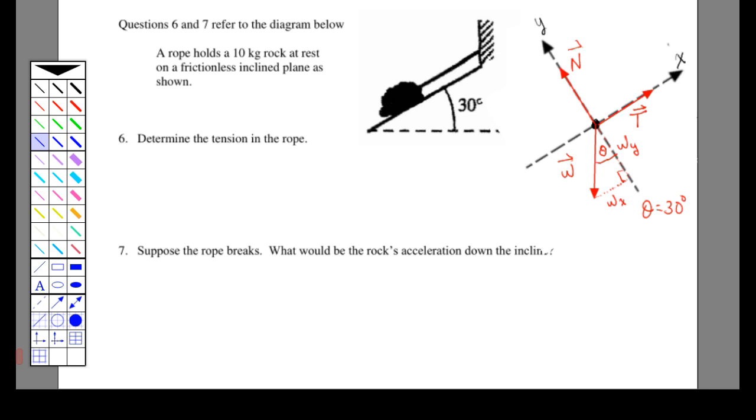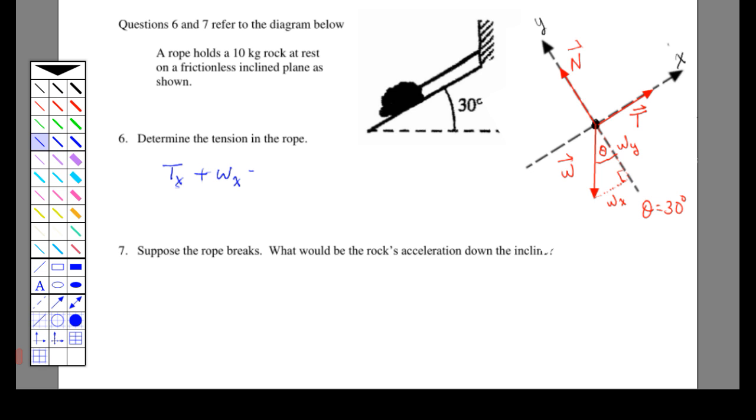So here I'm going to look at the sum of the x components of the forces. This rock is in static equilibrium, so the sum of the x components of the forces should be 0. Note that the normal force is just in the y direction, so it doesn't have an x component, but our tension force does have an x component, and so does our weight.